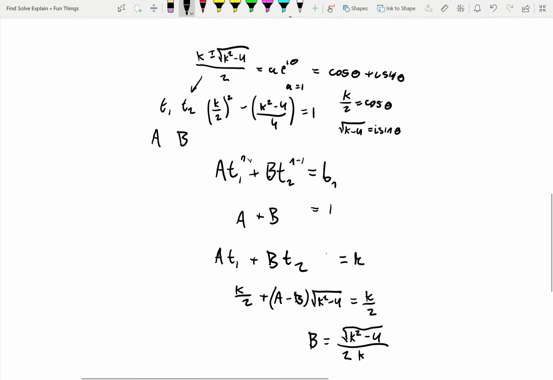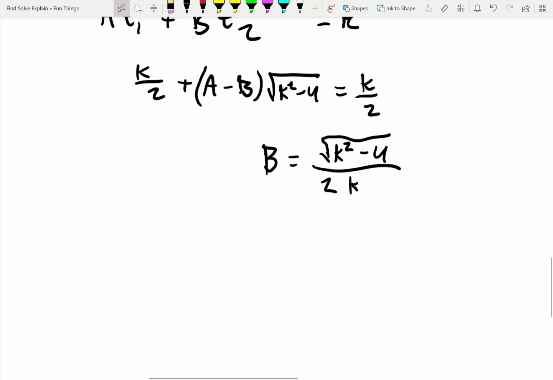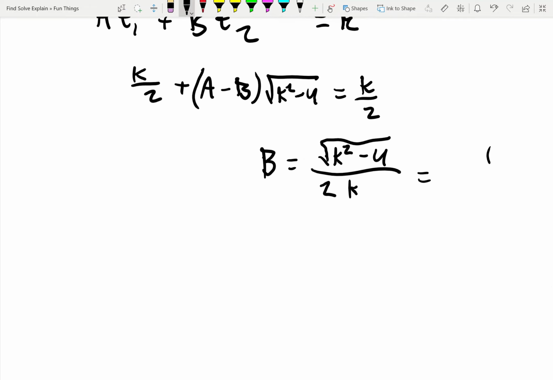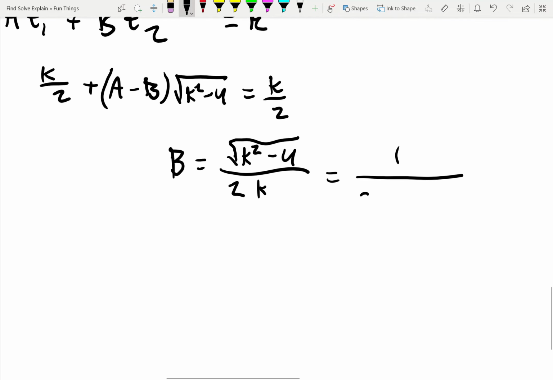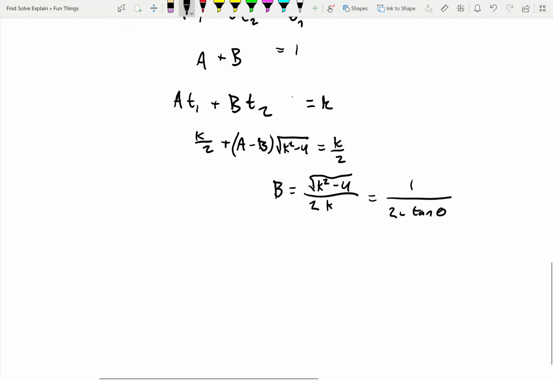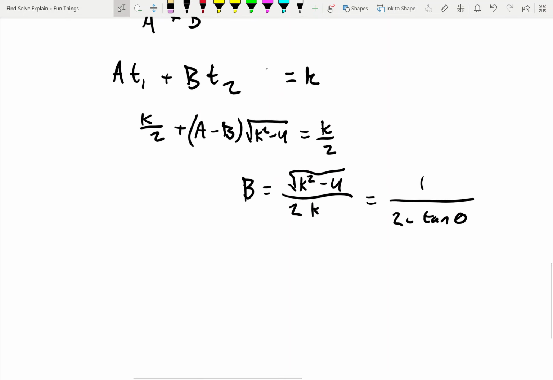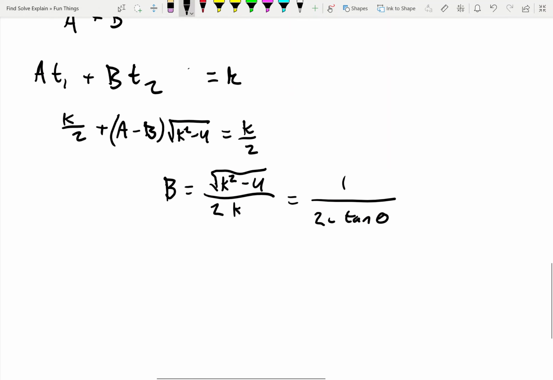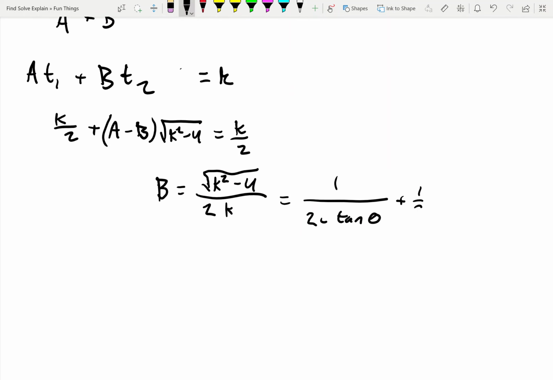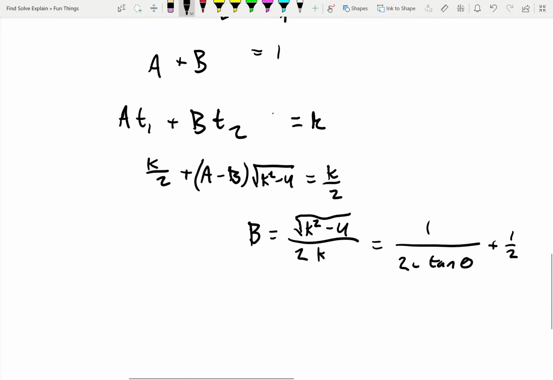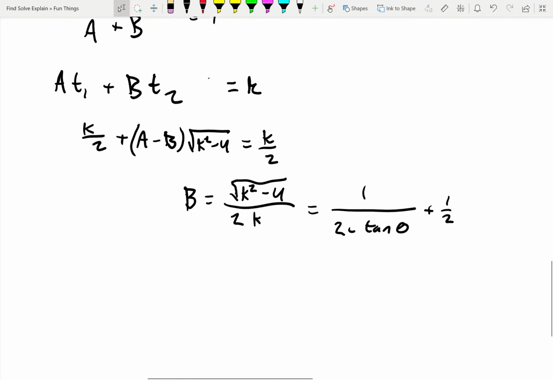And substituting these in, this is actually equal to 1 over 2i tan theta, plus a half. The half is to make these work, and for a and b, this would be a plus and minus.